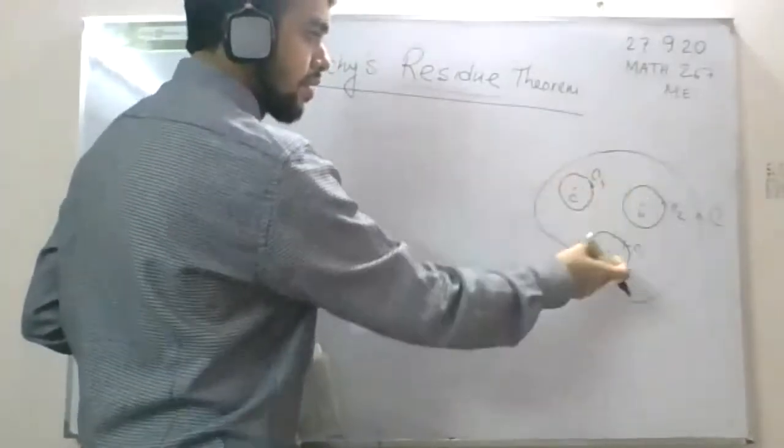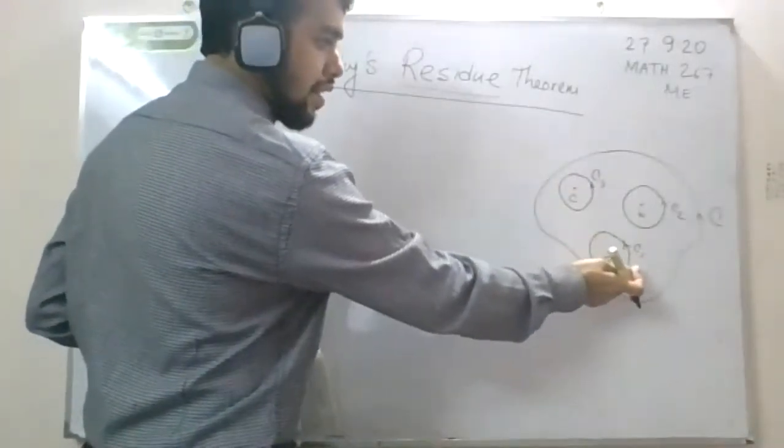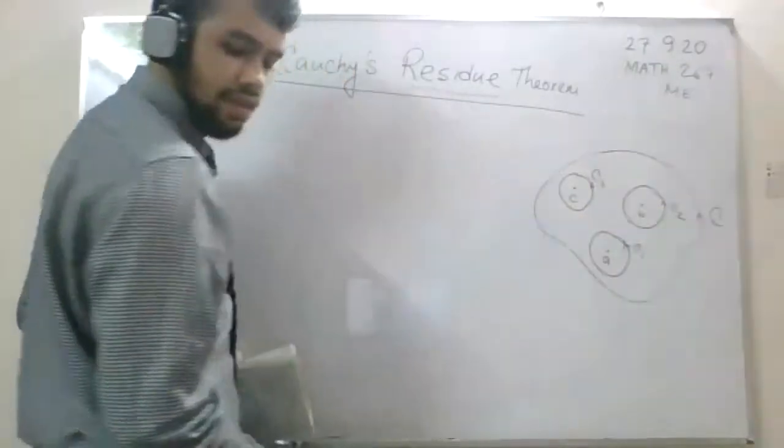And these are the curves which are denoted by C1, C2, and also C3.